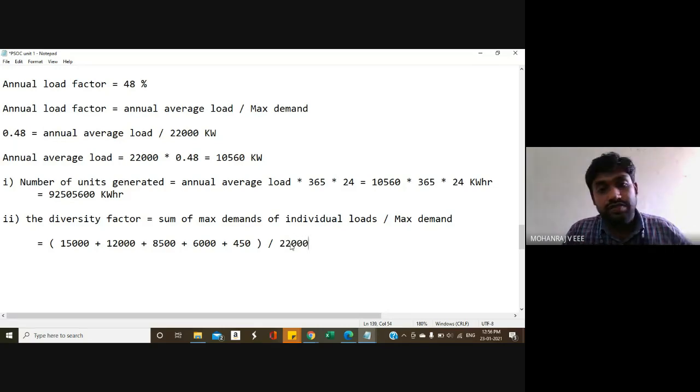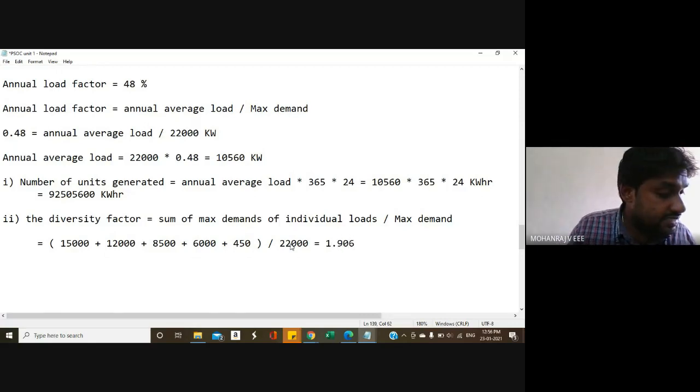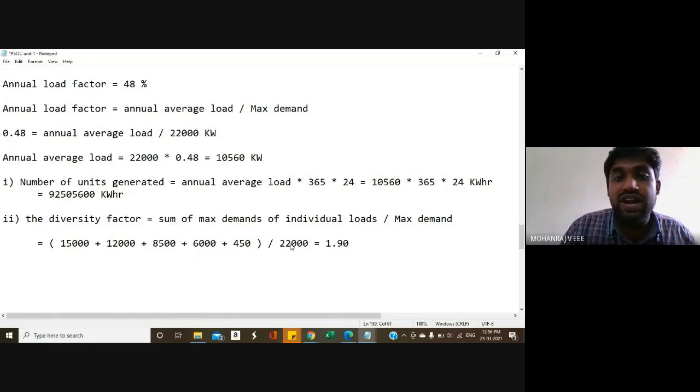So that is equal to 1.906, which can be written as 1.907. That is my diversity factor. It is obviously greater than 1.